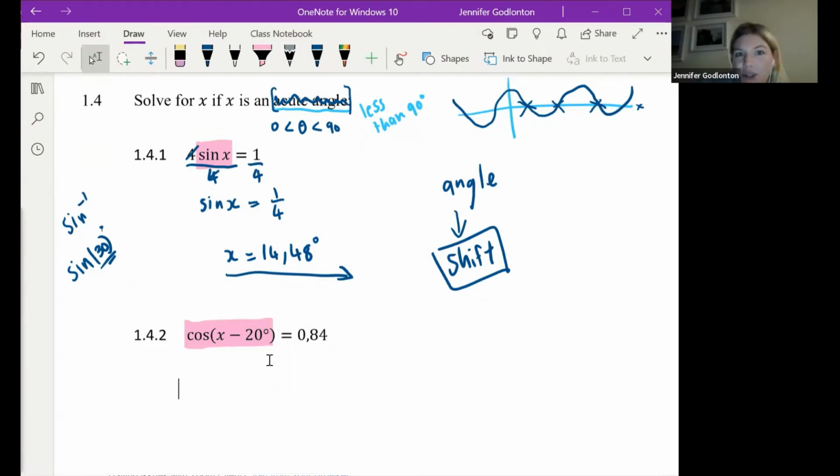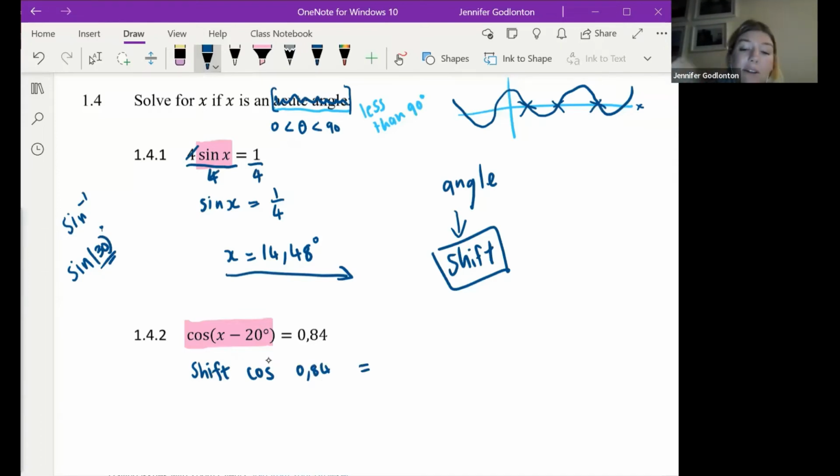Okay, so our trig ratio is already isolated, which means we can go straight into our calculator. So at this point, we're going to say shift cos 0,84, and then push equals.